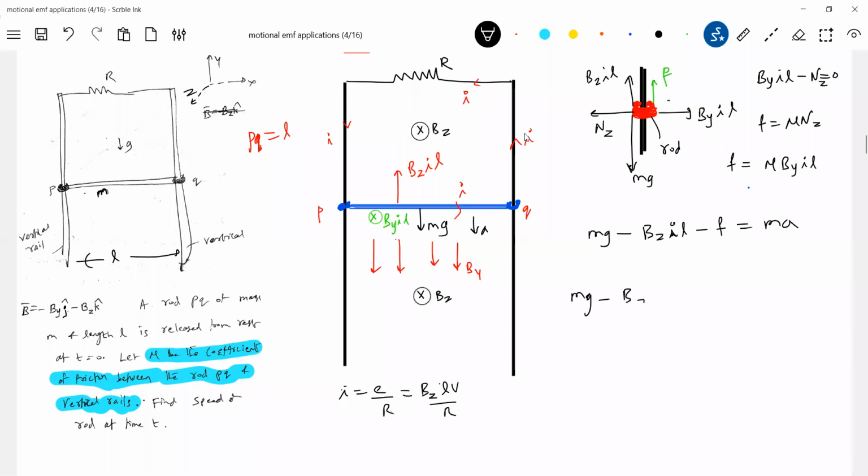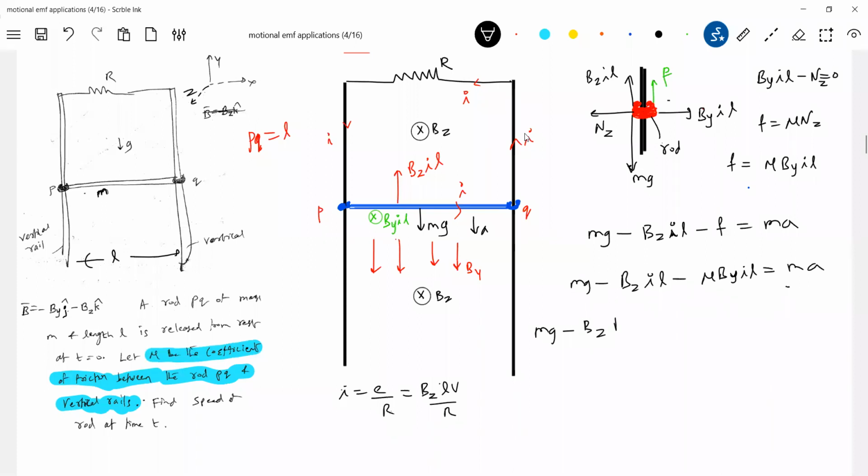BZ, this will be BZ L V by R, minus mu BY I L equal to ma. Let me substitute all the quantities here now.